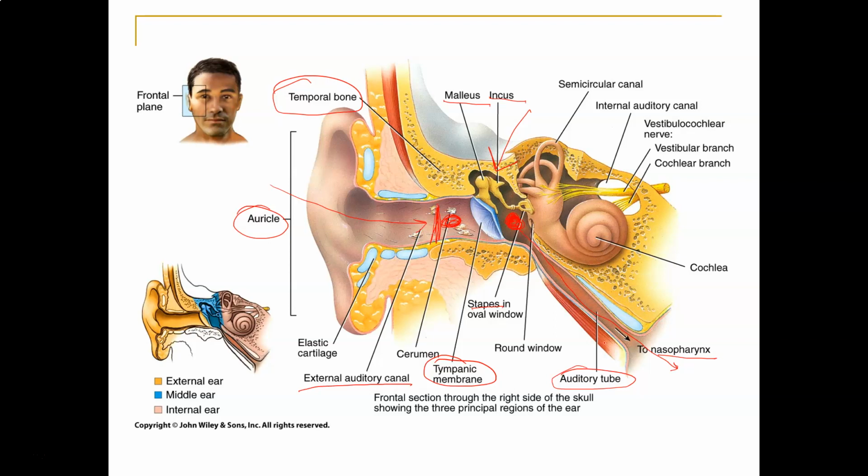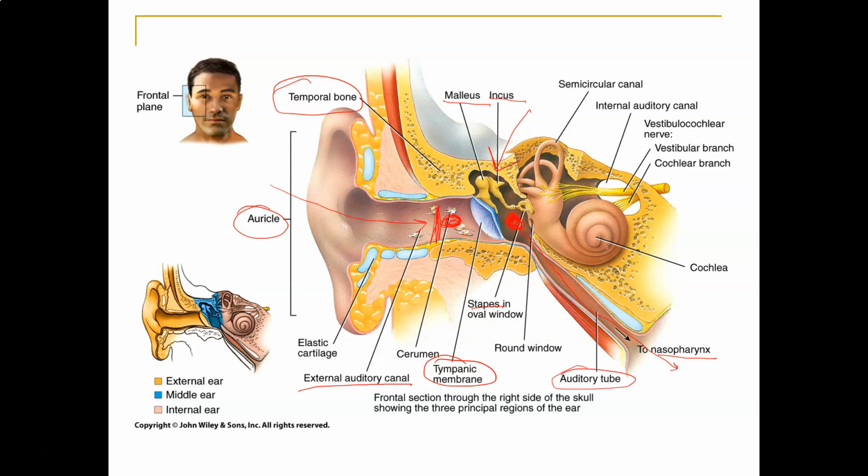But it's also because of it that you sometimes get middle ear infections, because pathogens can go up this tube into your middle ear and cause an infection. It's more common in children because they have shorter auditory tubes and they're straighter. As we get older, of course, they get longer and a little more convoluted, so it's harder for bacteria, for example, to go into your middle ear cavity.